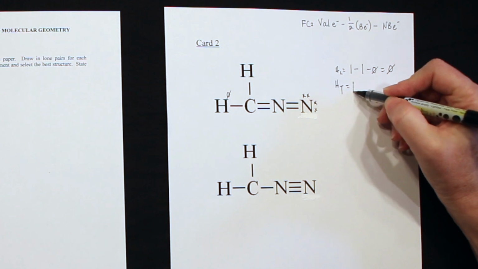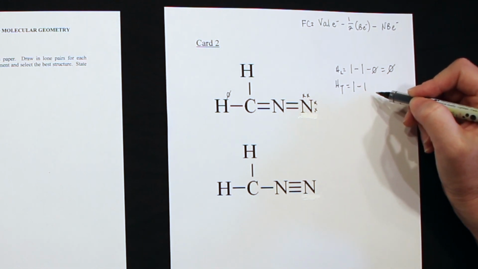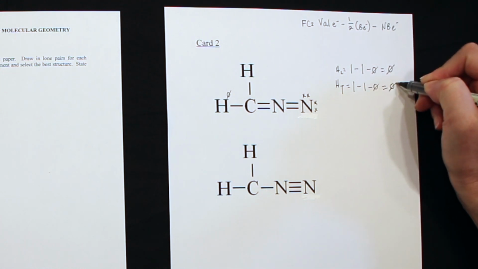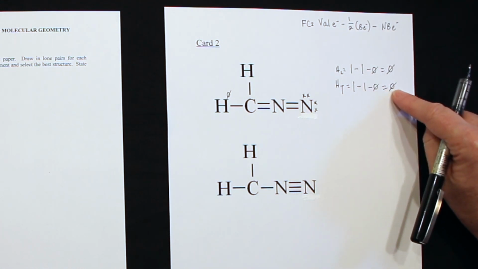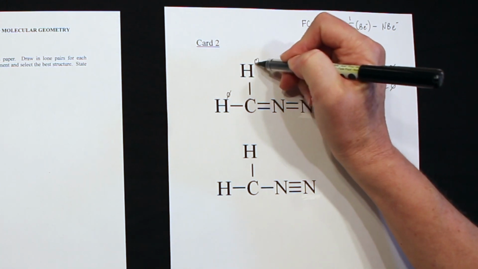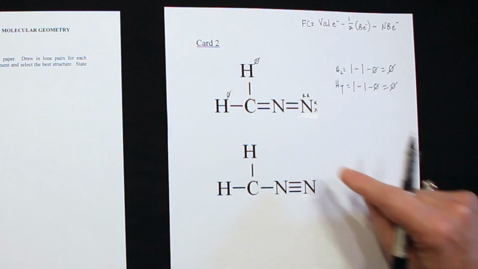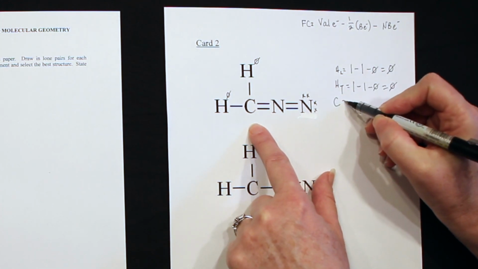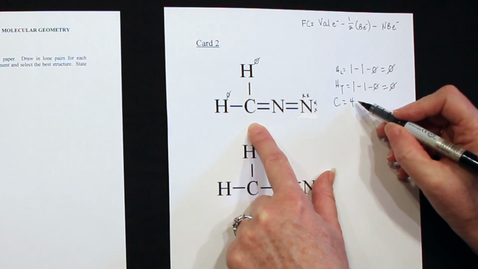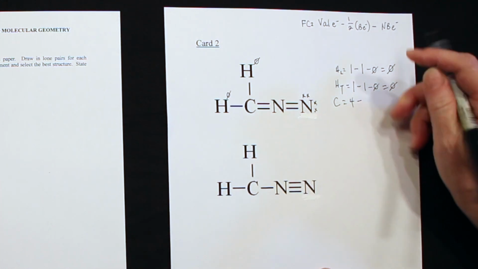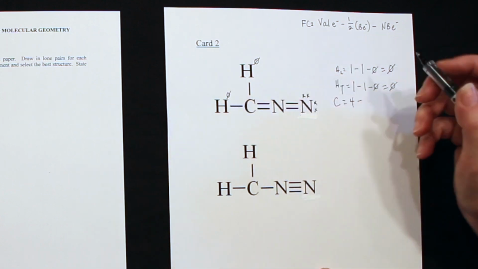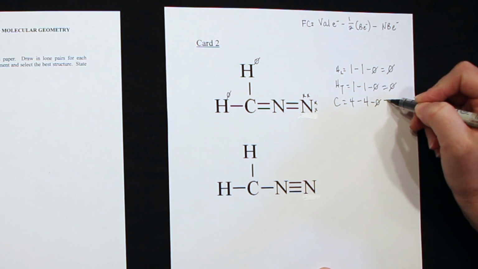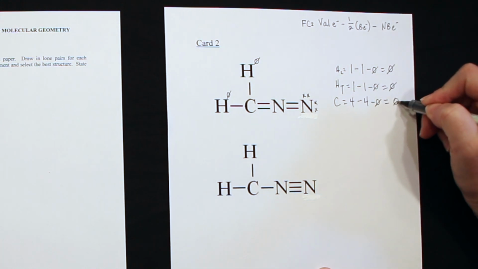It's going to have the same thing. 1 valence, 1 from the half of the bonding electrons, and no non-bonding electrons. That also has a formal charge of 0. Carbon, I have 4 valence electrons minus 8 electrons in the bonding. Half of that is 4 minus 0 for non-bonding is 0.